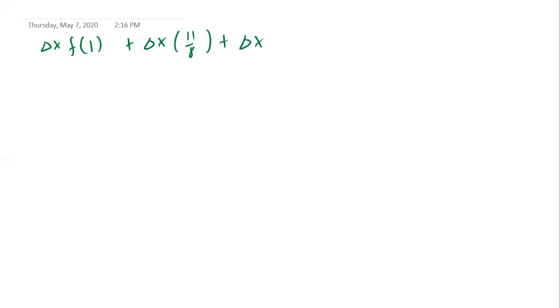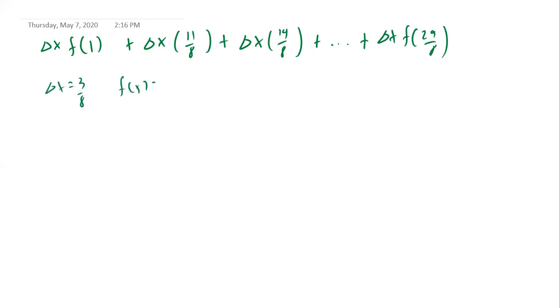Plus change in x times f of the next input, 14/8. And how many times do you need this? Well, you need 8 terms in your sum, because the number of terms in your sum is the number of subintervals you're working with, since you're taking one input from each subinterval. Once you reach 8 terms, the last one would be change in x times f of 29/8, and this would be your approximation. So you just plug in change in x equals 3/8, and evaluate the function at each input.